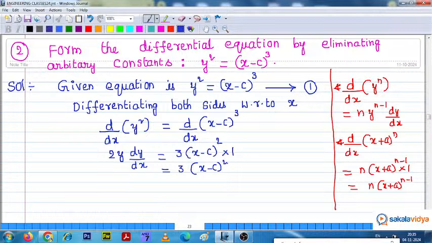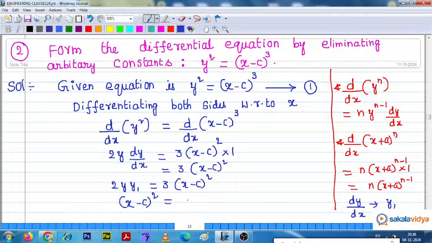For convenience we can write dy by dx as y1 also. So this can be rewritten as 2y y1 equal to 3 times x minus c whole square. From this we are able to find x minus c whole square, which is equal to 2y y1 upon 3.